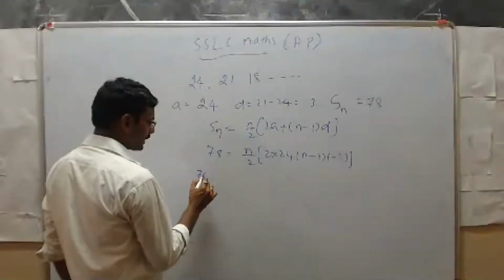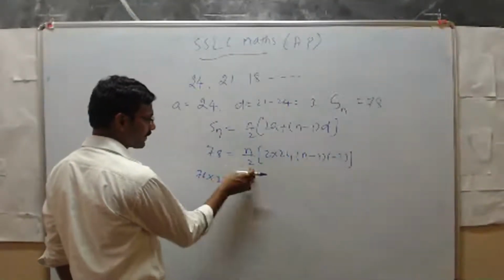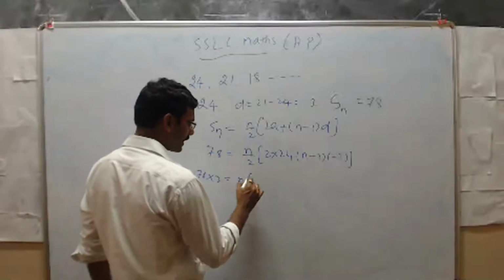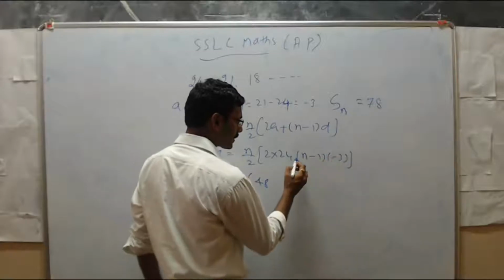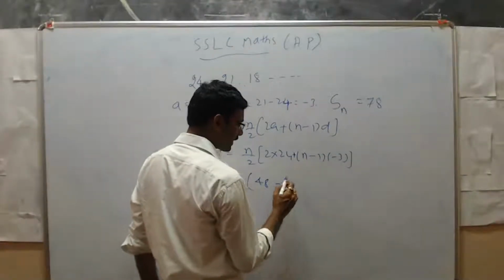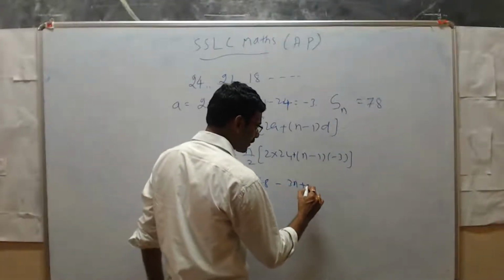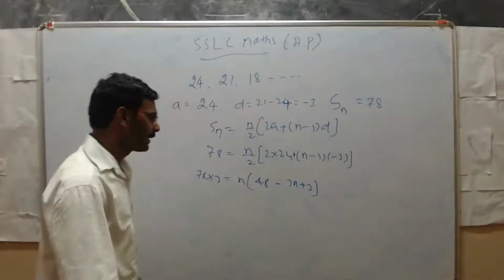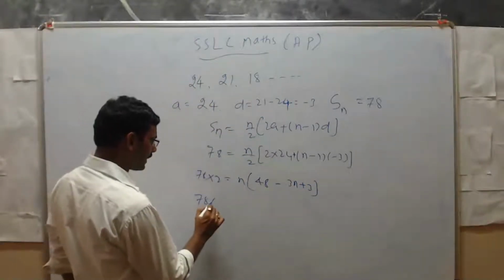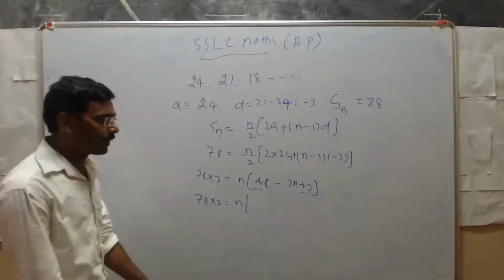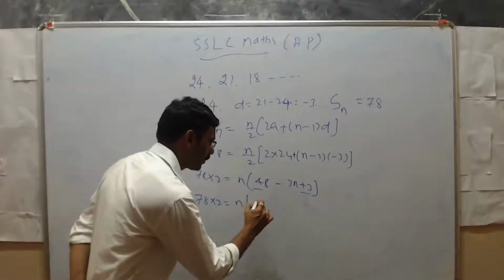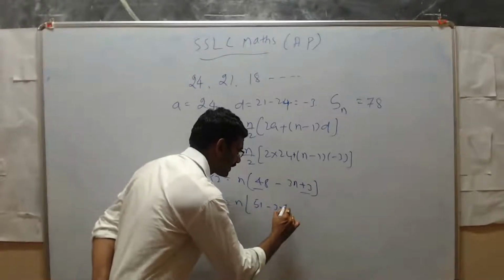Then 78 into 2, cross multiplication, equals n into 48 plus minus 3 into n minus 1, which gives 48 plus 3 is 51, so 51 minus 3n.